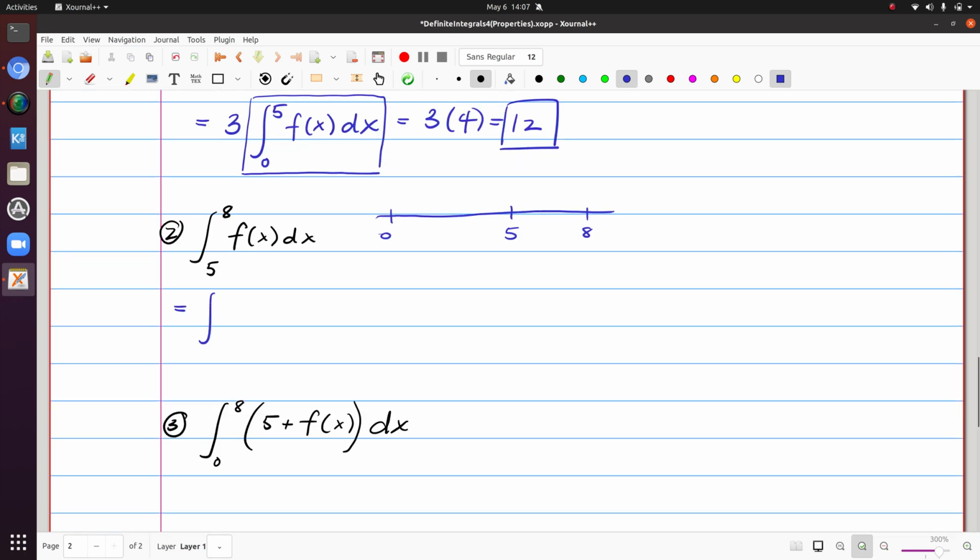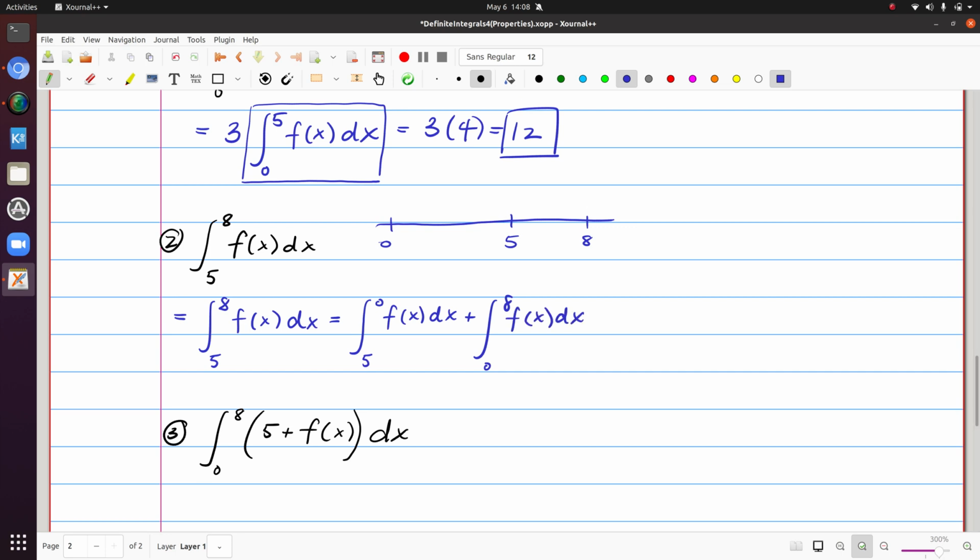So the integral from 5 to 8, there's lots of ways I could go about doing this, but you could think of it as what we would get if we integrated from 5 to 0 plus 0 to 8.